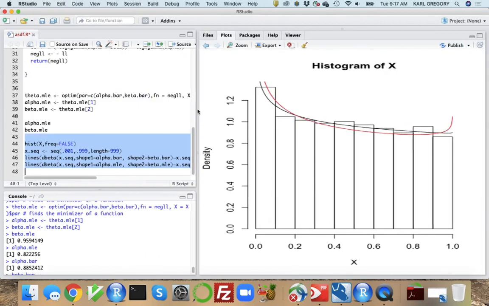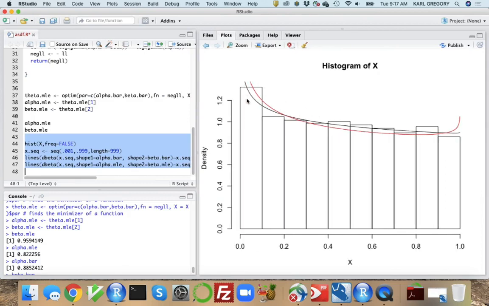Okay, so now I have two curves in this plot. The black one is the PDF under the method of moments estimators, and the red one is the PDF under the maximum likelihood estimators. So that's kind of interesting. We get similar values.